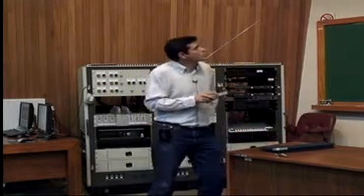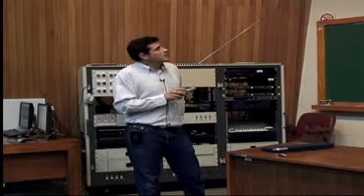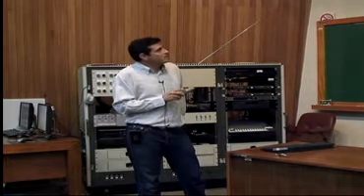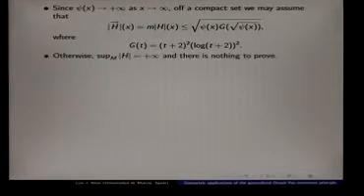So we have that, and also since the function psi goes to infinity outside of a compact set, we may assume that the norm of the mean curvature vector field is bounded from above by a function like this, where G is this function. Otherwise, the supremum would be infinity, and there is nothing to prove.